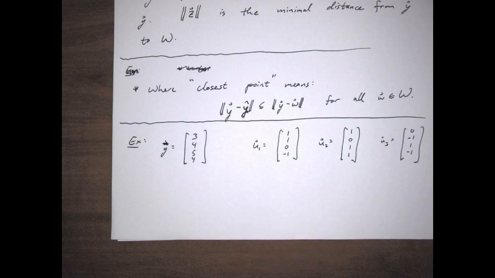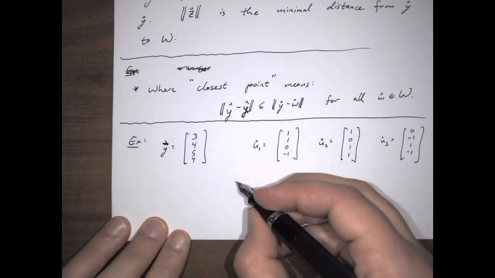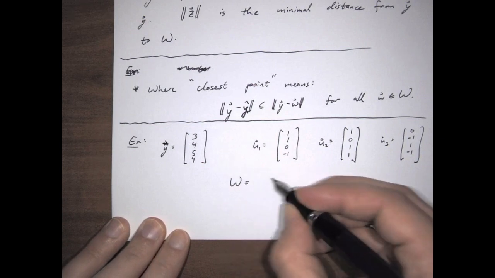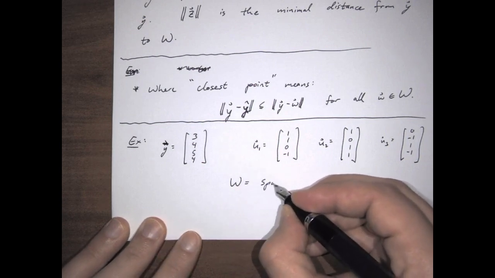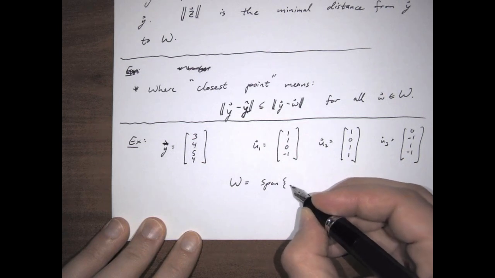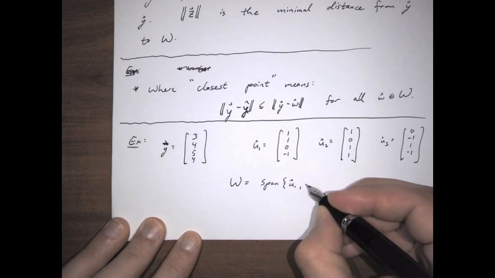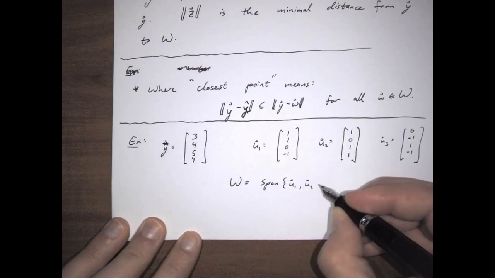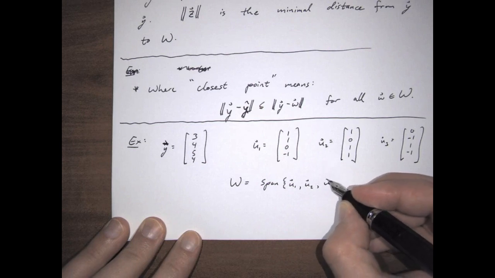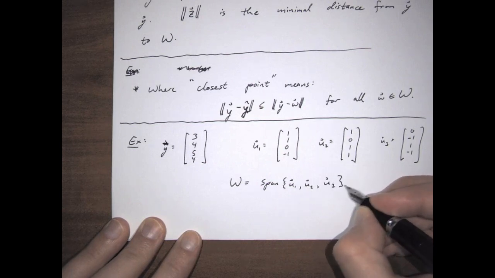We are not going to be given a u4. We are just given these three, and we'll be told that W is what we will be calling the span of these u's. Okay.